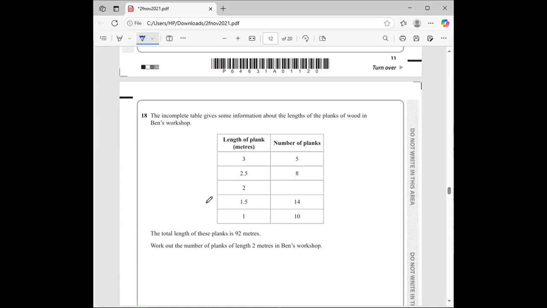So for instance, the first one you have is 5 times 3. Let me use a text box for this one. Then we're going to say plus. The next one is 2.5 times 8. The next one plus. Since we don't know the one for 2, let's use a letter.